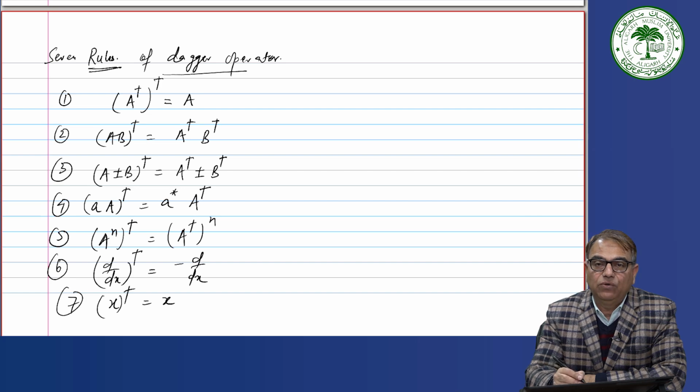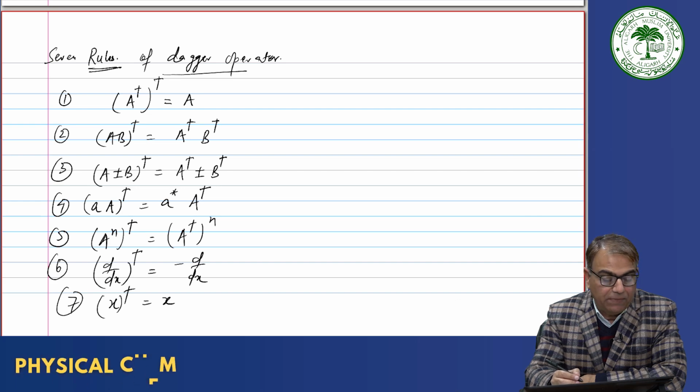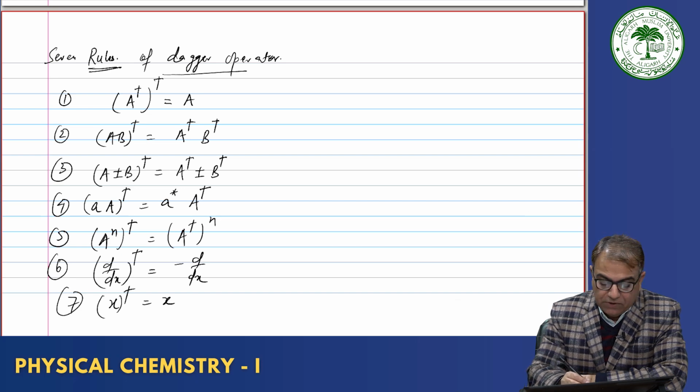which you will have to remember. And using these 7 rules of dagger operators, you can find out whether a given operator is a Hermitian operator or not. Say for example, if you have A raised to the power n, and you have to find out the dagger of this one, then what do you write?